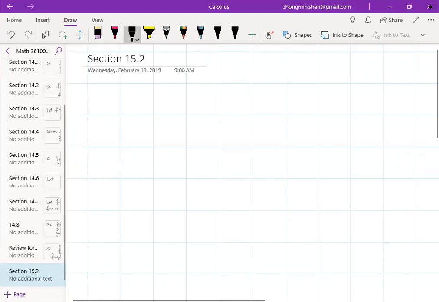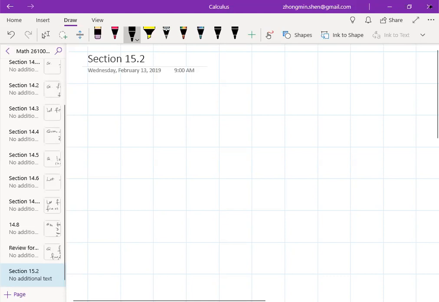The definition of a double integral is very similar to the definition of a single integral: it's a limit of Riemann sums. But in general, it's almost impossible to use a limit to evaluate an integral. So we usually use iterated integrals, two single integrals, to evaluate a double integral.